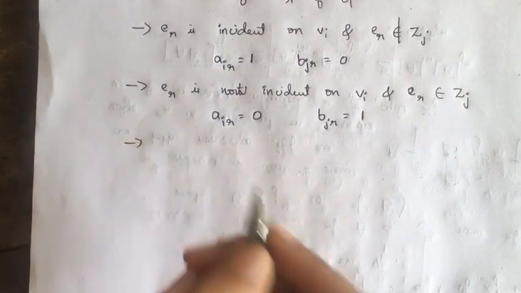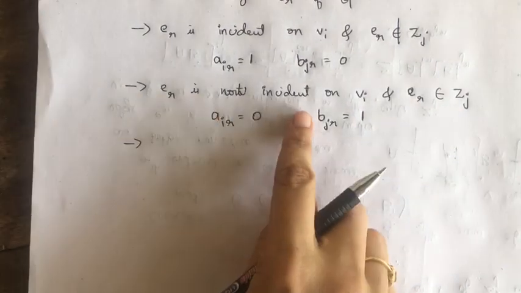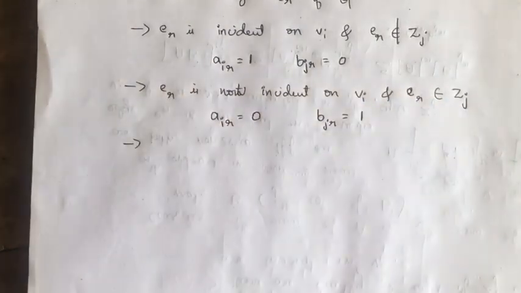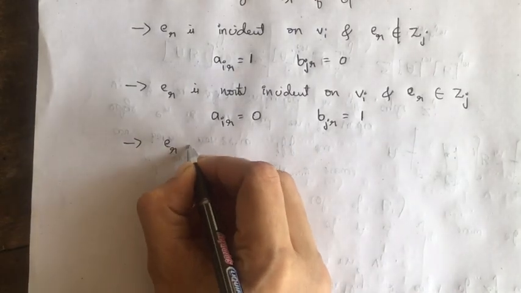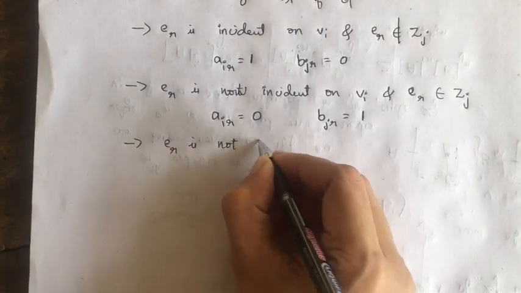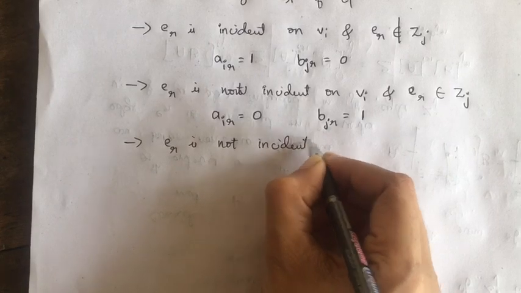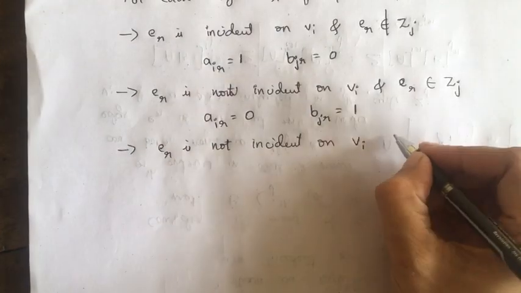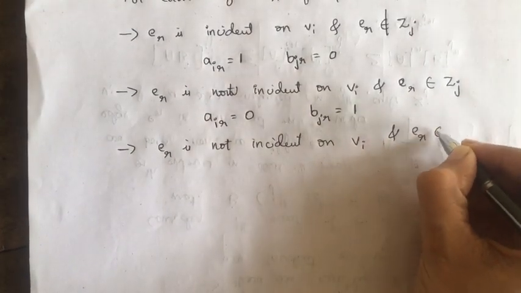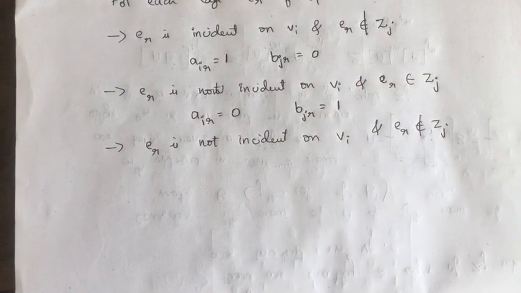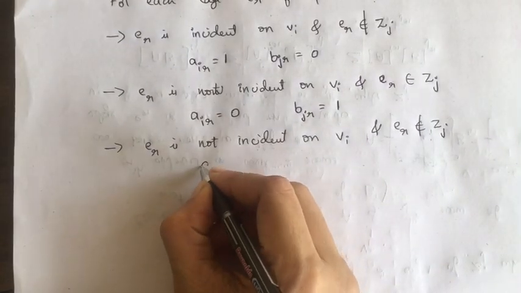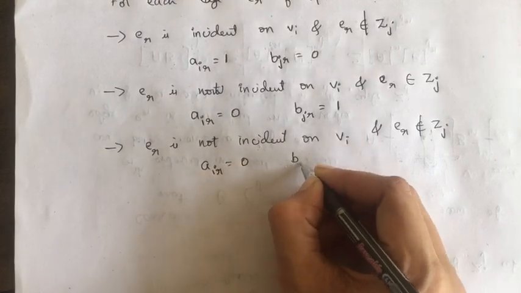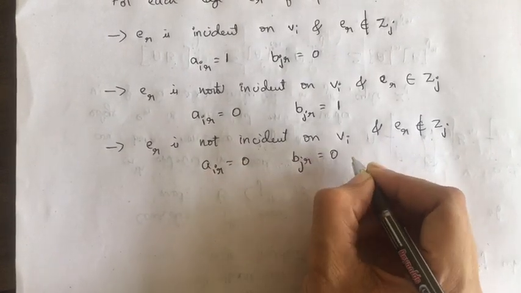The third case is ER is not incident on Vi and it is not included in the jth circuit. In this case, I'm going to get both entries equal to 0: AIR equal to 0 and BJR equal to 0.